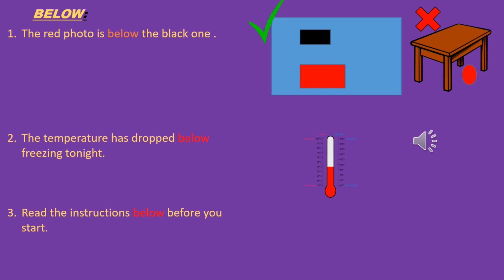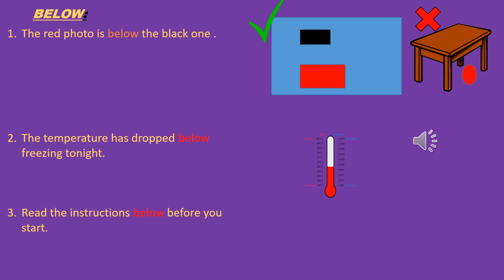Why I'm using below? Because this is not actually indicating a certain number about temperature. This is talking about the freezing point or freezing level of the temperature. That means a level, a scale, not a number, not a particular temperature. For that reason, we're going to use below here.